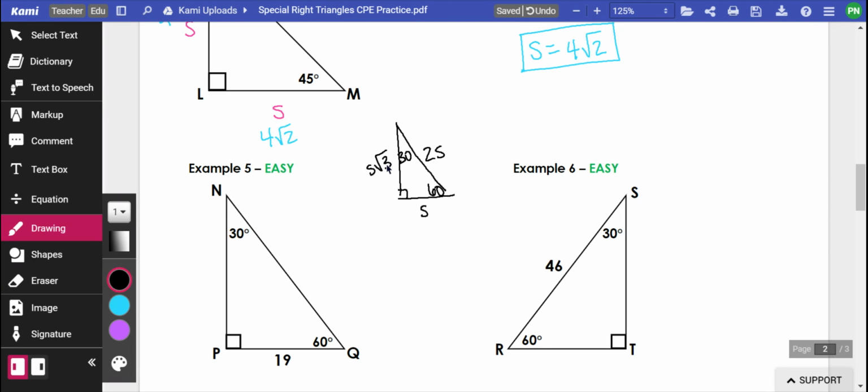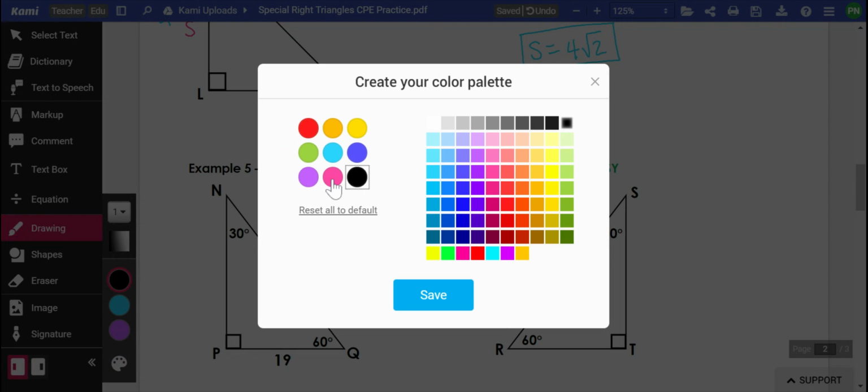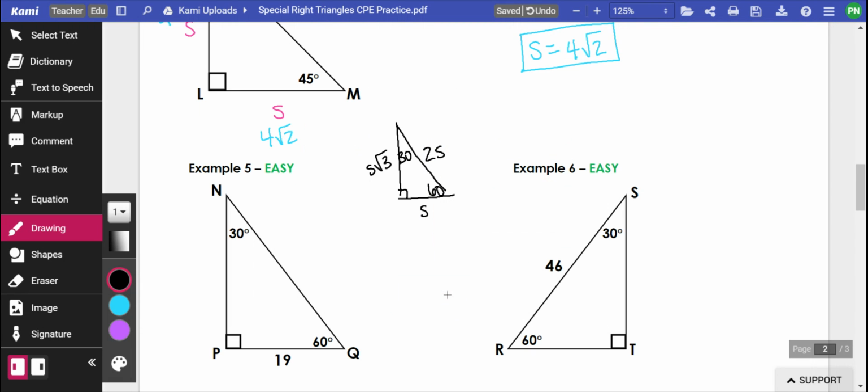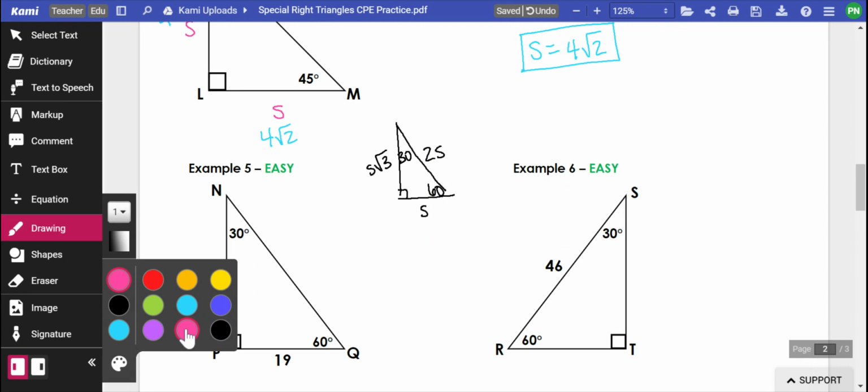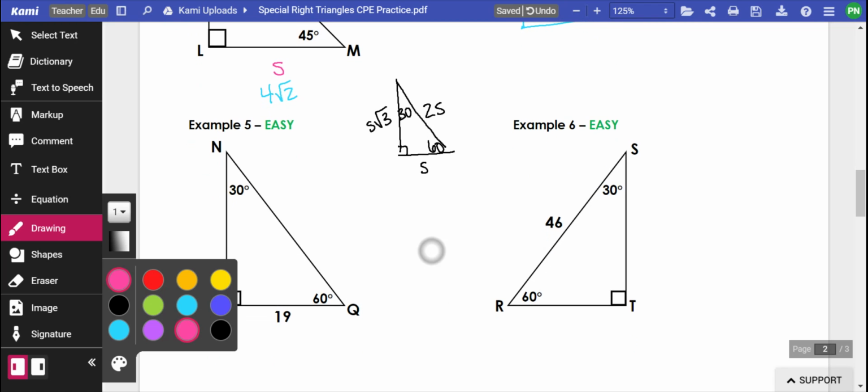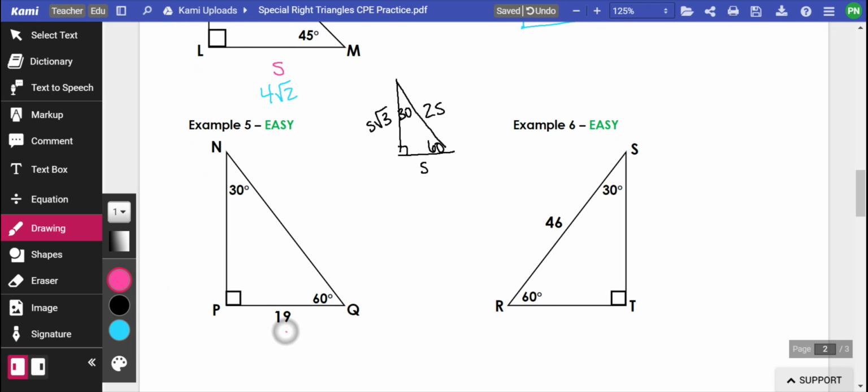Okay, so now let's go back to our colors. We want to label this with the template. So this is going to be s radical 3, and 2s. In this one, we are already told what our s value is right here.